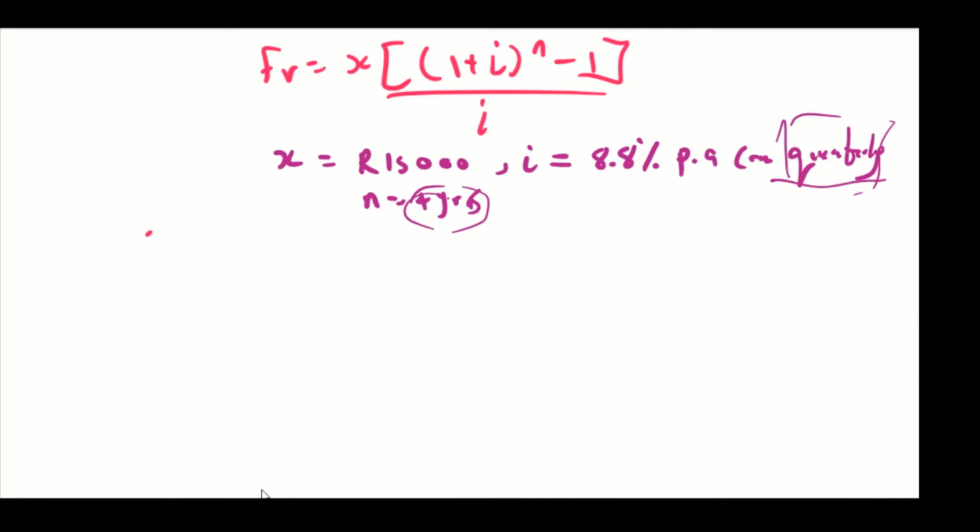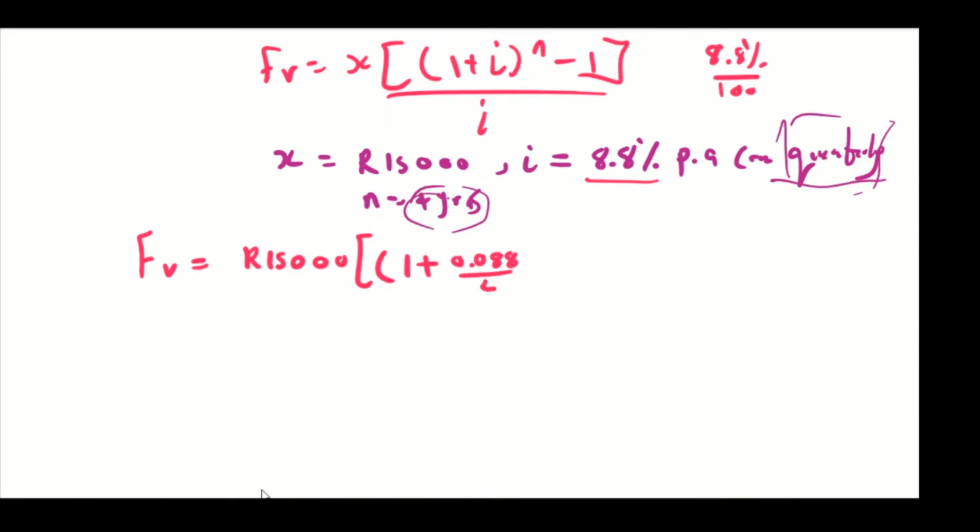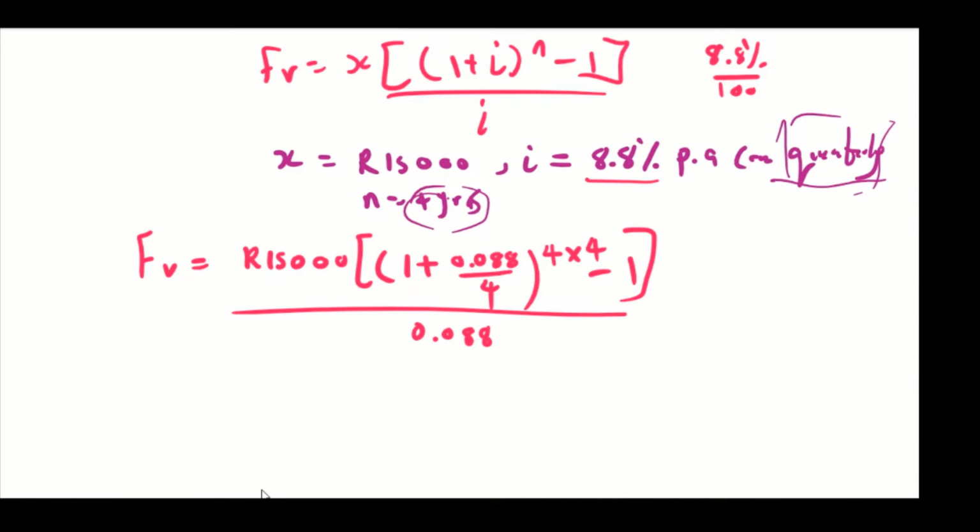So we're going to have FV equals the 15,000 that is invested, into 1 plus, we're going to change this into decimal form, so 8.8% divided by 100 gives you 0.088, divided by 4 because it's compounded quarterly, to the power of 4 multiplied by 4 because it's 4 years, minus 1, over 0.088 over 4.